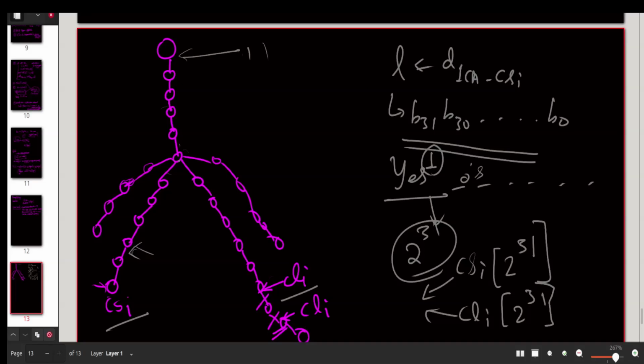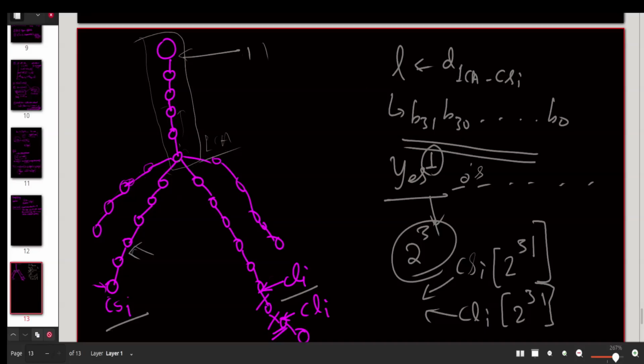If they're ending up at the same node, then it means the 2 power 31st node will be somewhere around here. I mean, not in this example, but it will either be the LCA or one of its parents. Yeah, only then, because you cross the subtrees and you are eventually going into the common tree. But we don't want that condition to be satisfied. We want to end up in one of these nodes, no matter where CSI and CLI are.